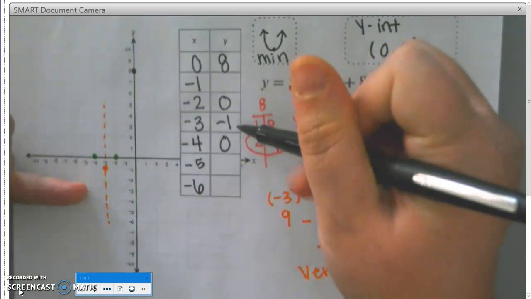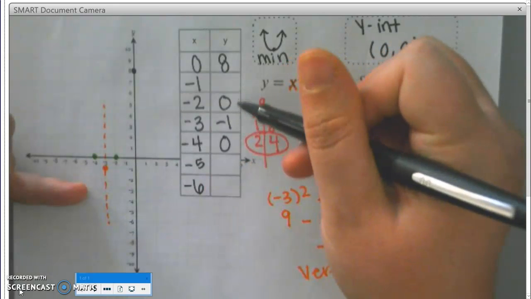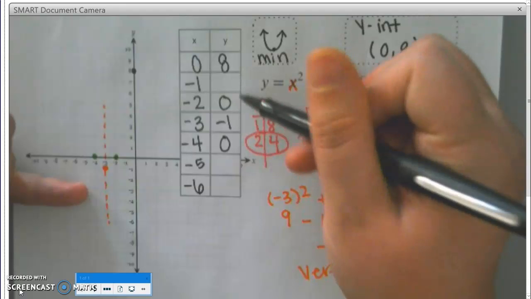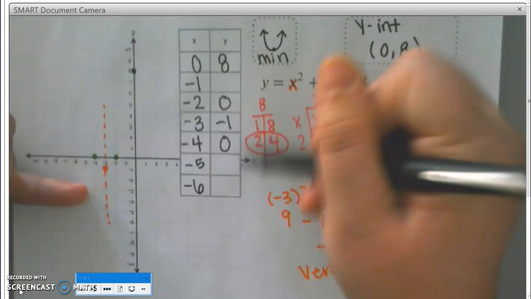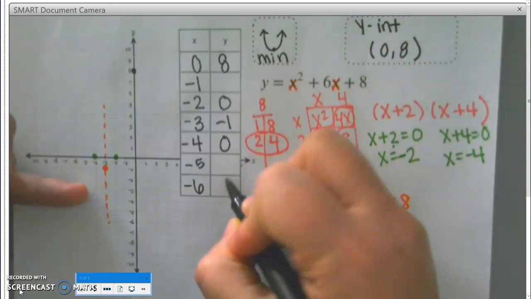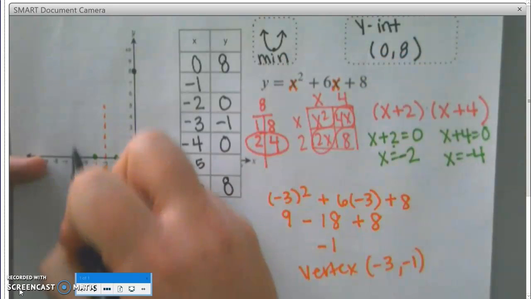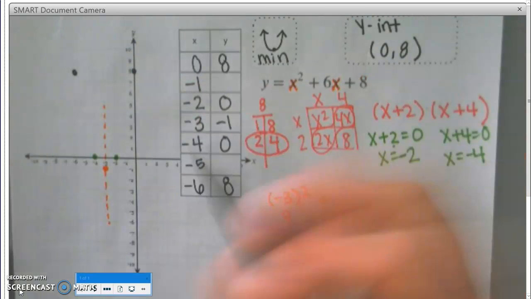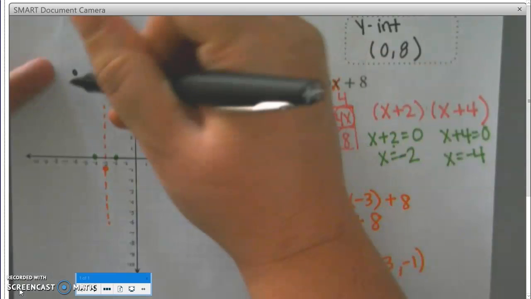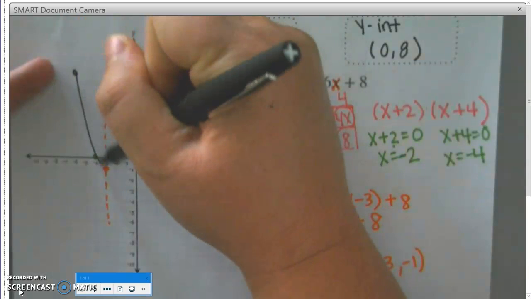So see the symmetry here? Here's my middle. Those two match. Those two match, I just don't know what they are yet. And then these two have to match. So I need to be able to plot the point negative 6, 8. And technically for this Delta Math, that is enough because that is 5 points.